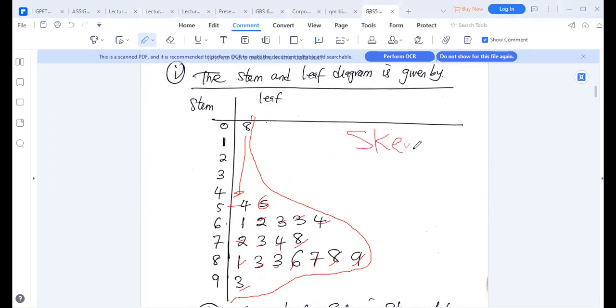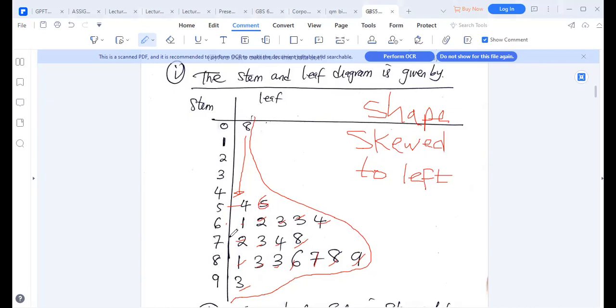This is the shape. When the data is concentrated more on the right, it means that it's skewed to the left, as can be seen here.